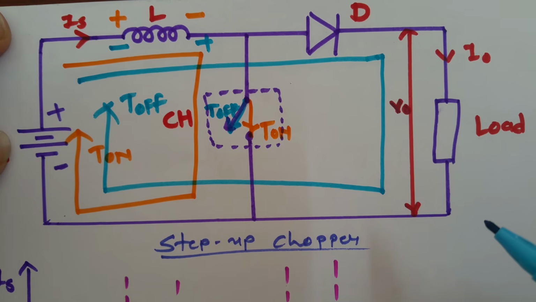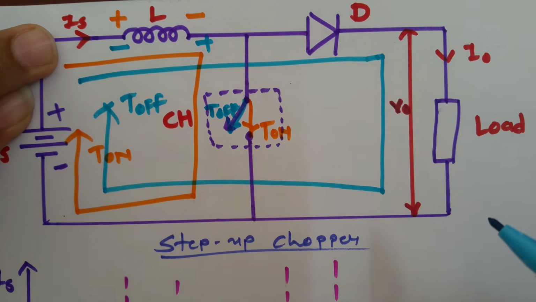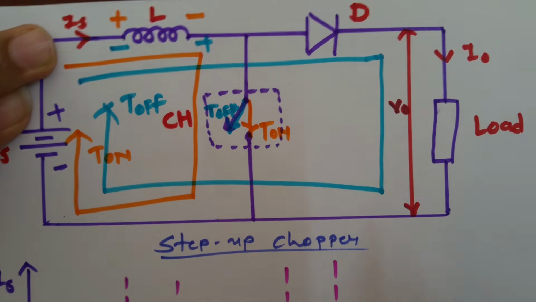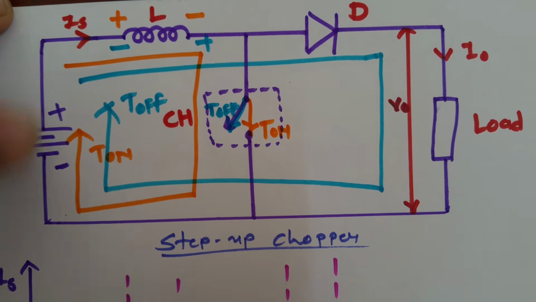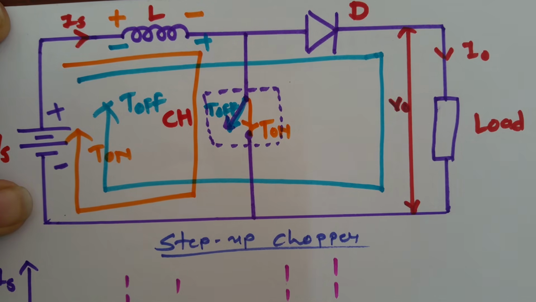Now let us try to understand what happens with the current which is passing through the inductor. To understand it, we need to see when this switch is on. Let us consider T on time period.